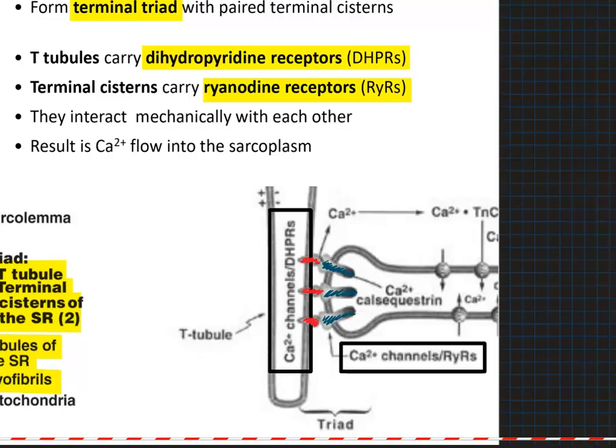So the function of the T-tubule and the terminal cistern at this junction is that the electrical signal that goes through the membrane of the skeletal muscle cell triggers the release of calcium from the sarcoplasmic reticulum into the cytoplasm, and that leads to the contraction.